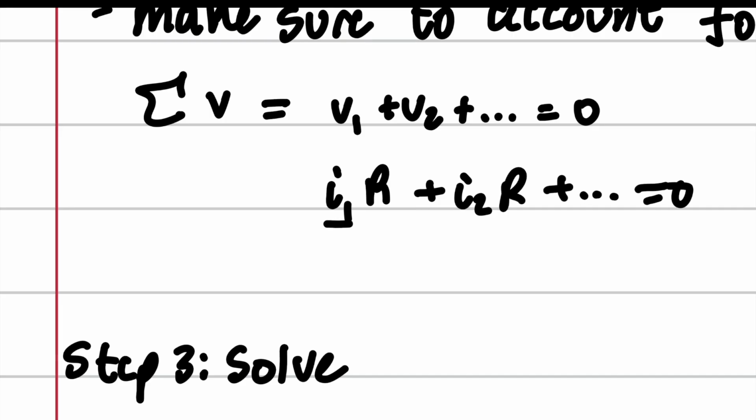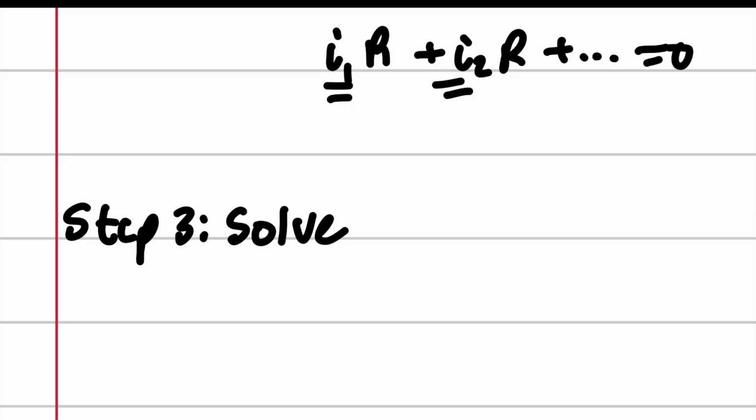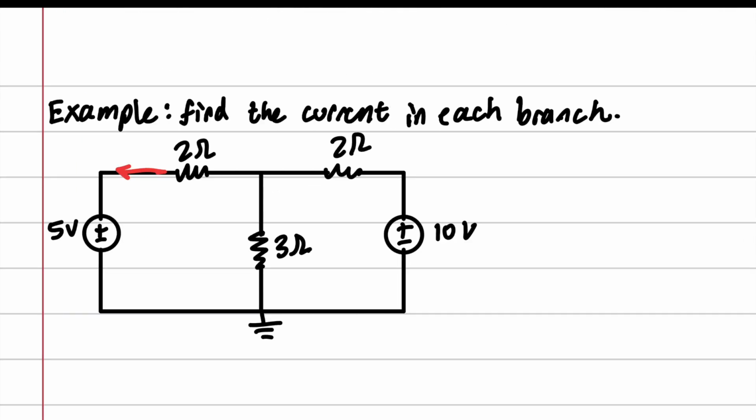And this is how we're able to find the I's, okay? And step 3 is to solve. So we're going to go ahead and do a practice problem. So here's a simple practice problem. And we have right here the currents in each branch. So we're trying to find the currents in each branch, okay?